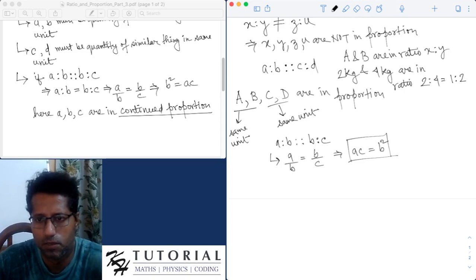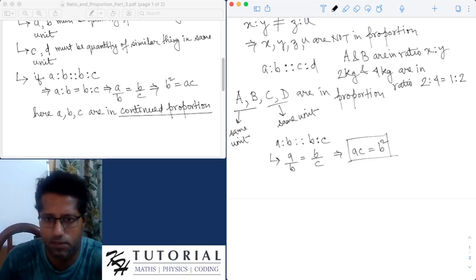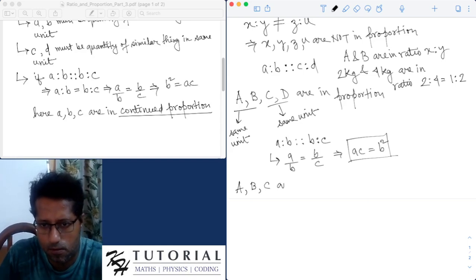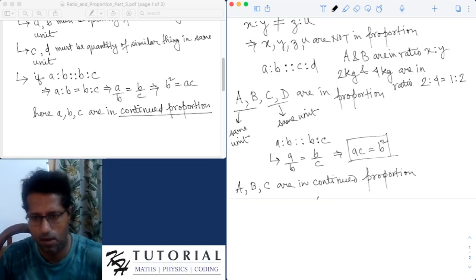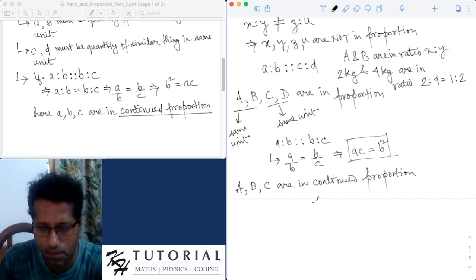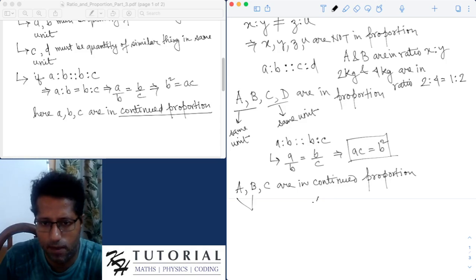Now, what about the units? If it is given that quantities A, B, C are in continued proportion, and they are not pure numbers but quantities with some units, then all 3 quantities must have the same unit.